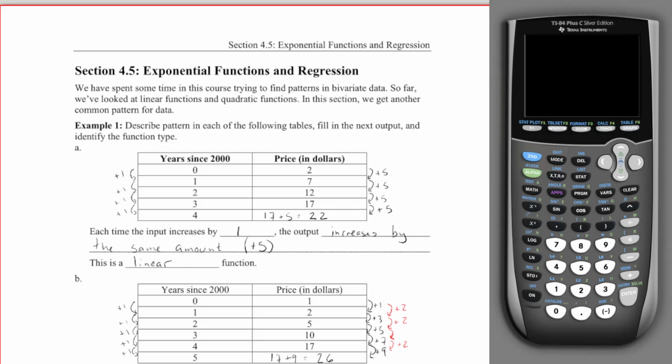Each time the input increases by 1, the output increases. But it increases not by a constant amount, but by an increasing amount.